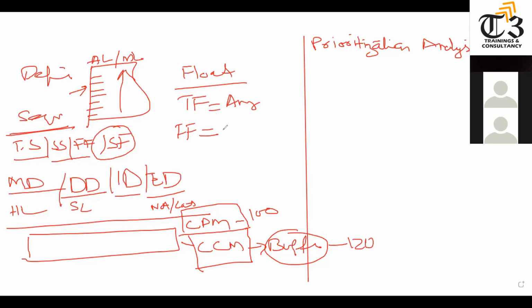Free float: the activity can be delayed without delaying the start of the successor activity, the next activity. The formula for total float is LS minus ES, late start minus early start, or late finish minus early finish. So you can calculate the float. The longest path will be the critical path. Activities on the critical path will be called critical path activities, and they will always have zero float value.